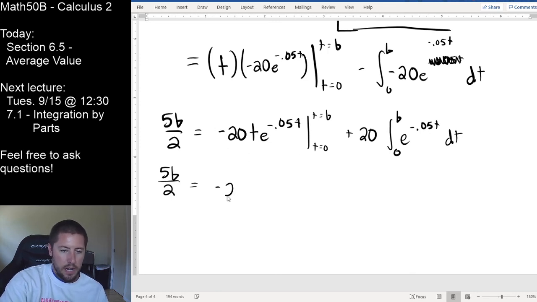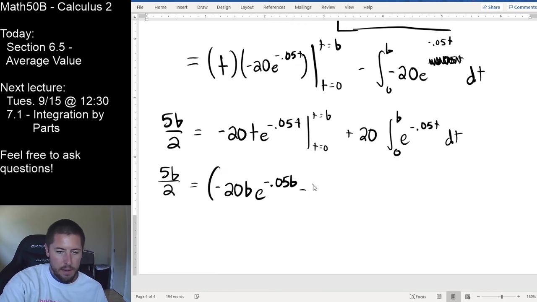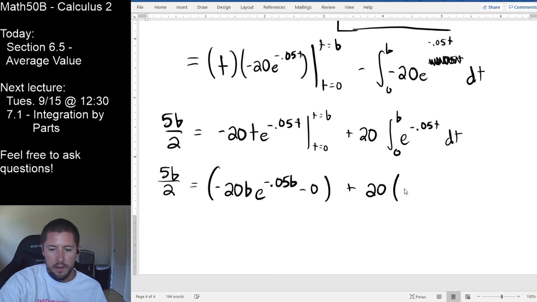So I should just be getting negative 20b e to the negative 0.05 b. Again, this would be minus 0. I'll just write it here, minus 0. Plus, here I'm going to get 20. When I integrate this guy, I'm going to get another negative 20 e to the negative 0.05 t, evaluated from t equals 0 to t equals b.